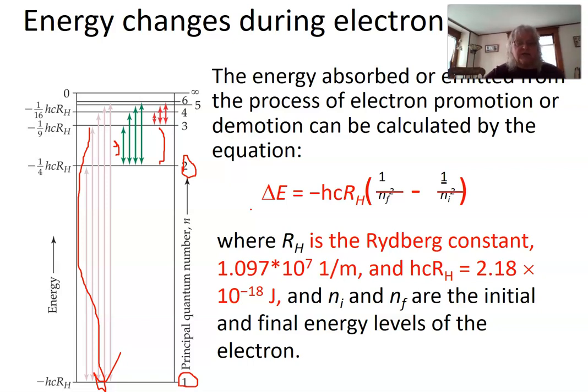Once you know the change in energy, you can calculate a frequency. Each one of these lines is associated with a specific motion of an electron from one of these orbits that Bohr described to another. When I move further away from the nucleus, that would require energy. When the electrons fall back to where they started, that would emit energy.